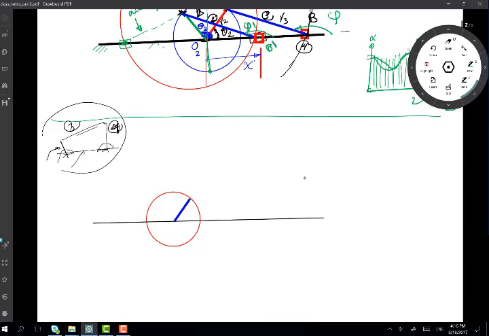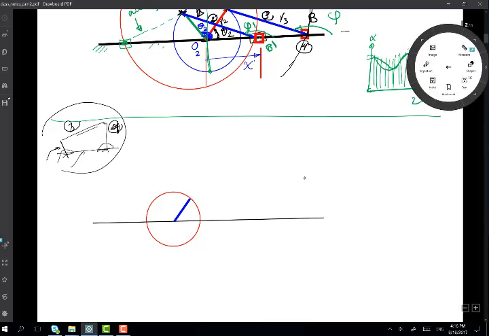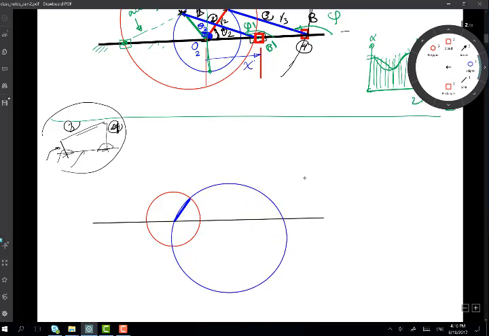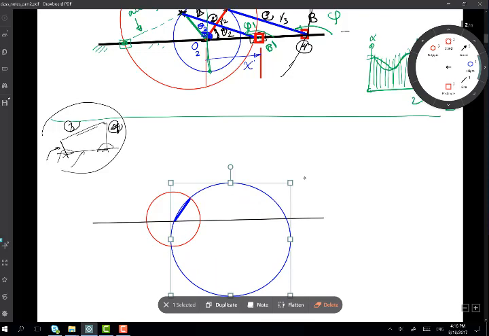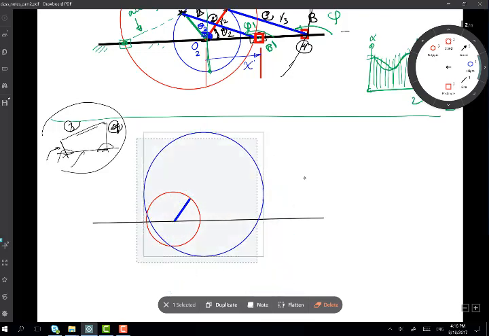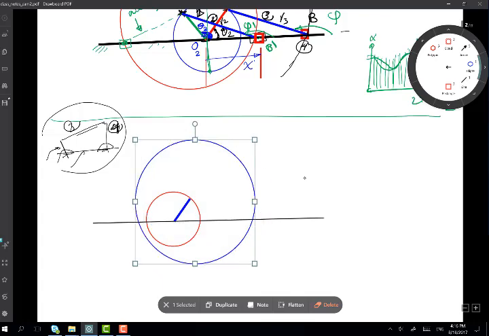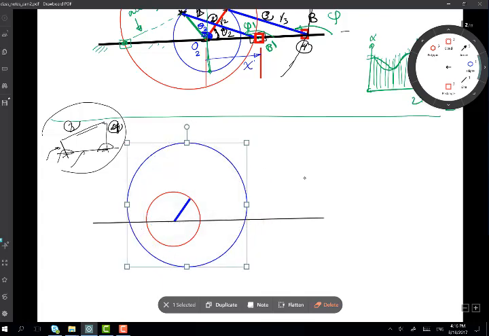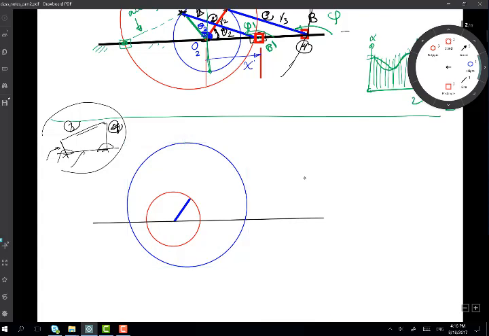Possibly over here I would have just another circle, and I will assume this circle would be the circle for the coupler. So the coupler would fall on this one.